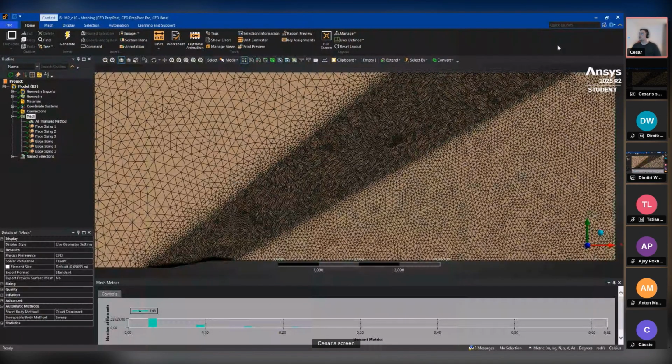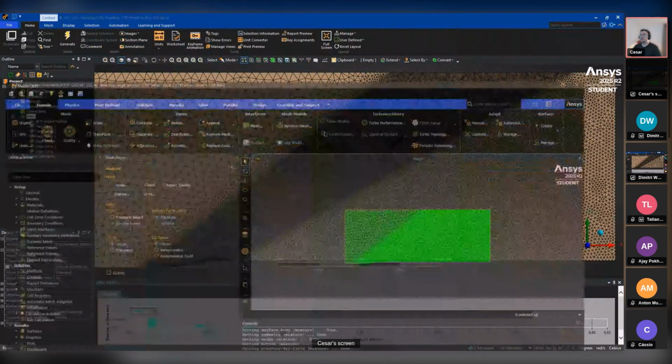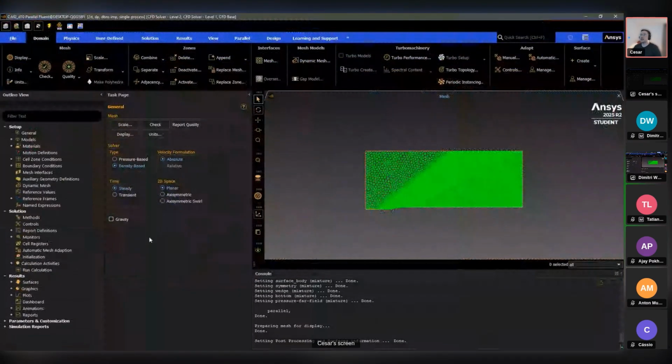And then once we have the grid, what we need to do is go to Fluent and solve the case. First of all, because we are solving a compressible case, the density-based solver is mandatory because we need to solve the pressure-density coupling equations.